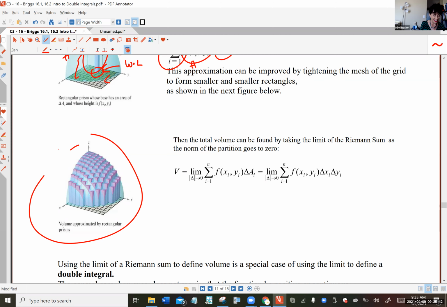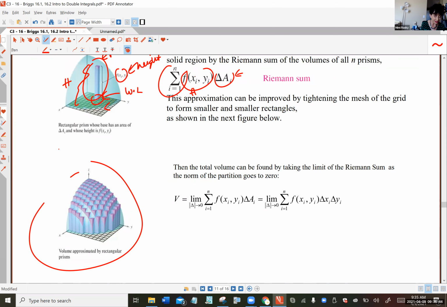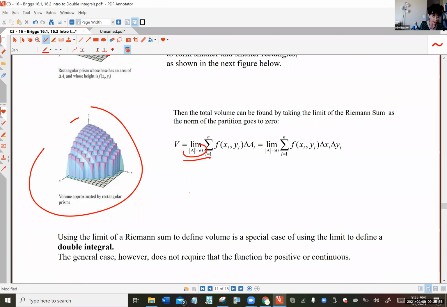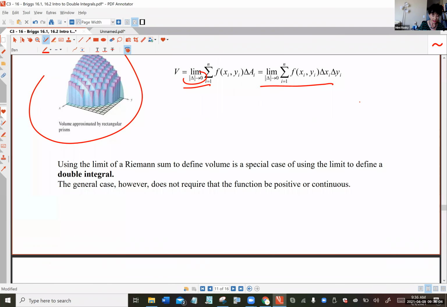The claim is that if you tighten up the mesh of your grid to form smaller and smaller rectangles down there, smaller and smaller bases of the prisms, you can take the limit as the norm of the partition goes to 0. So you're taking the limit of your Riemann sum. Okay, so now what? Well, it turns into a double integral. How come in Calc 1 it turned into a single integral?